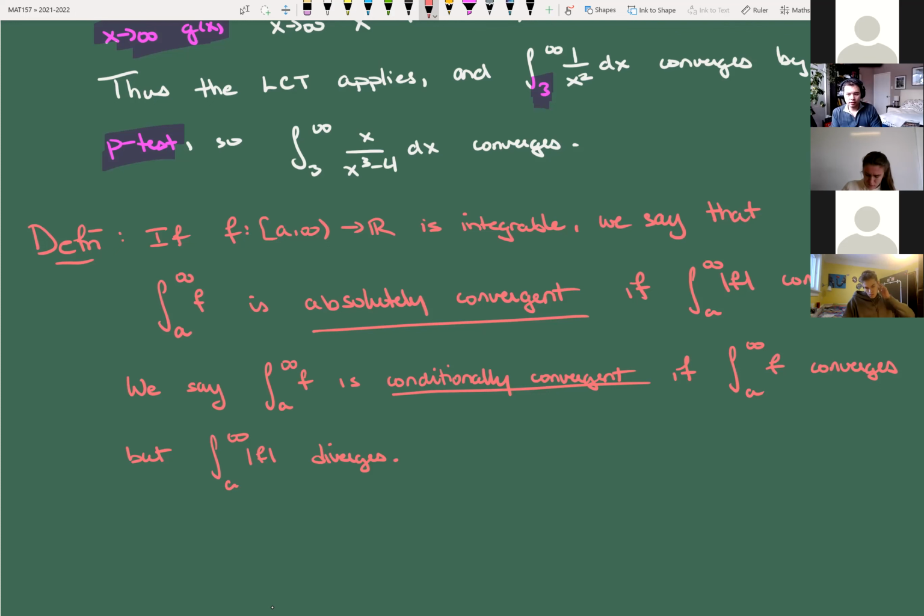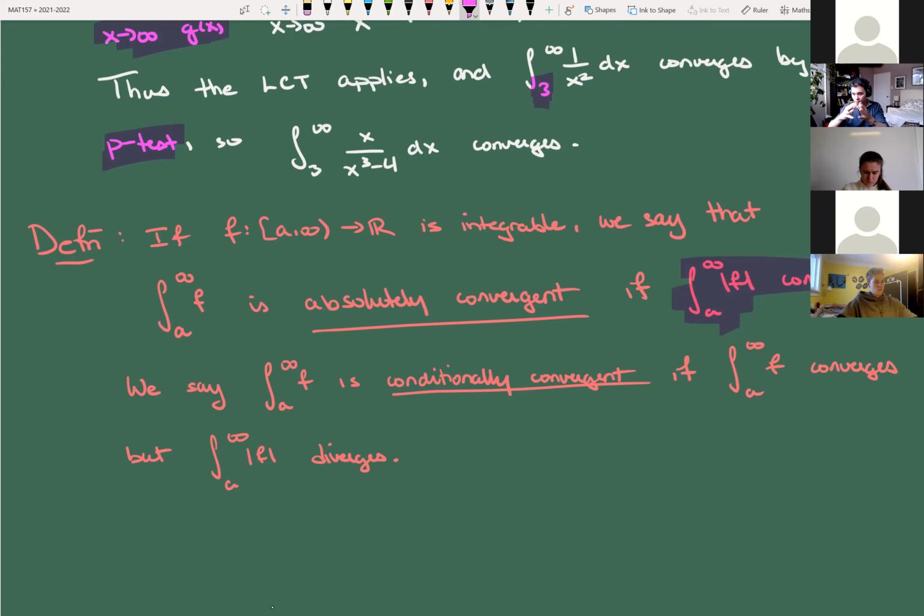And in fact, if you think about this even more deeply, it perhaps becomes more obvious. When I take the absolute value of the function, chances are it's less likely to converge, right? The absolute value of the function is less likely to converge because I don't get any nice cancellation happening. If I'm dealing with the original function, it could go above the x-axis and then beneath the x-axis, and I could get some nice cancellation of things, right?